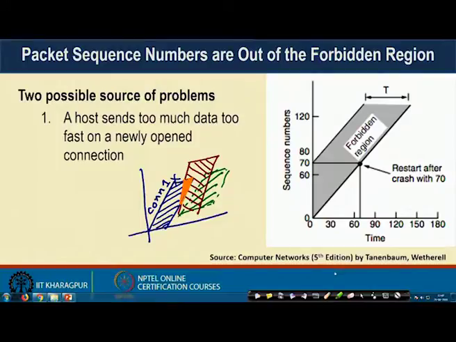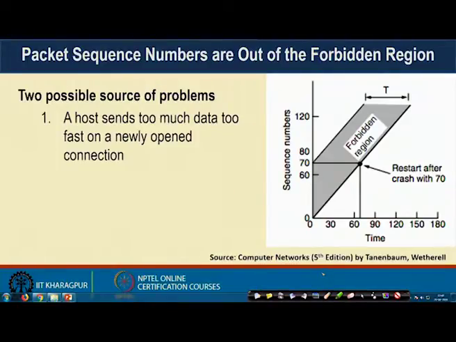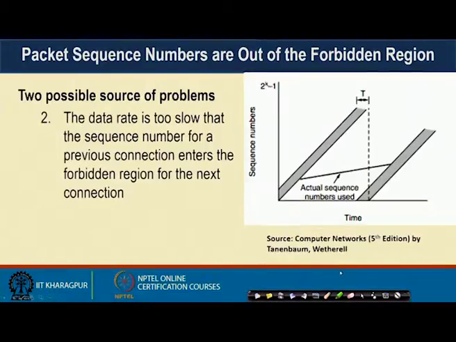Another problem is there for selecting this initial sequence number: the data rate is too slow. Say the data rate was too slow, so it started generating the initial sequence number at a very slow rate, and after that it crashed, and the new system just starts using this initial rate.